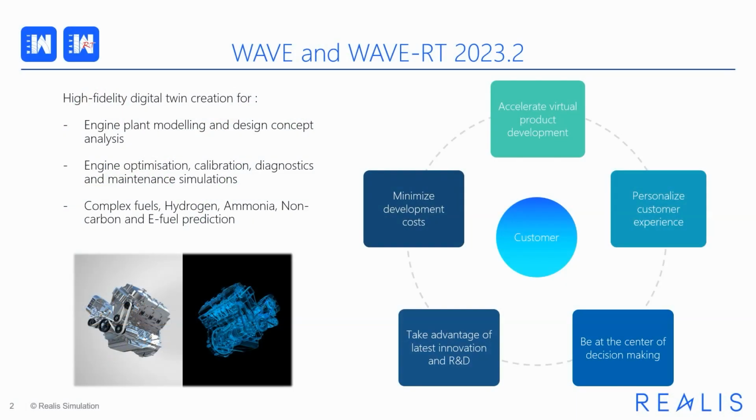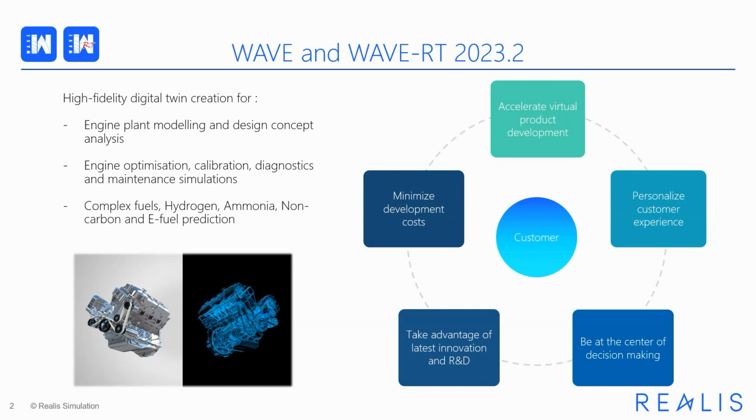Welcome to the 2023.2 release of Wave and Wave RT, your high fidelity digital twin for ICE engine plant development. With the Wave Product Suite, our customers can accelerate virtual product development and take advantage of the latest R&D. Realis products put the customer at the center of the decision making and deliver a personalized experience while minimizing development cost for our customers.